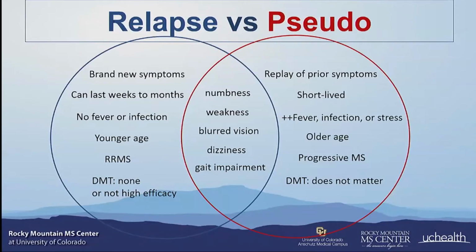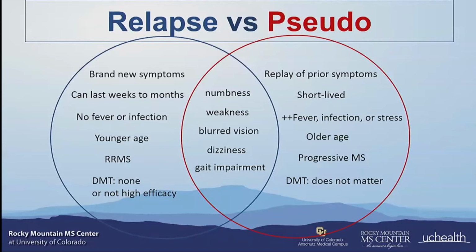The relapse tends to last on the order of weeks to months, whereas a pseudo relapse tends to be more short-lived. A relapse doesn't occur with fever or infection by definition, although I'll show you a slide in a little bit that muddies the waters there. Whereas a pseudo-exacerbation, very frequently we see in the context of an infection or fever or increase in stress.